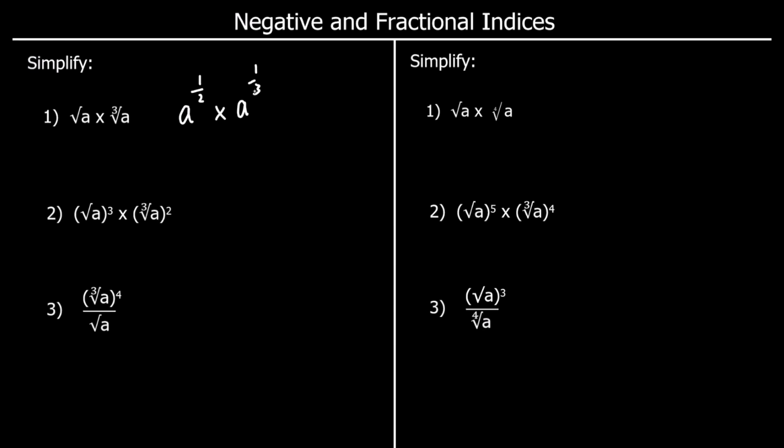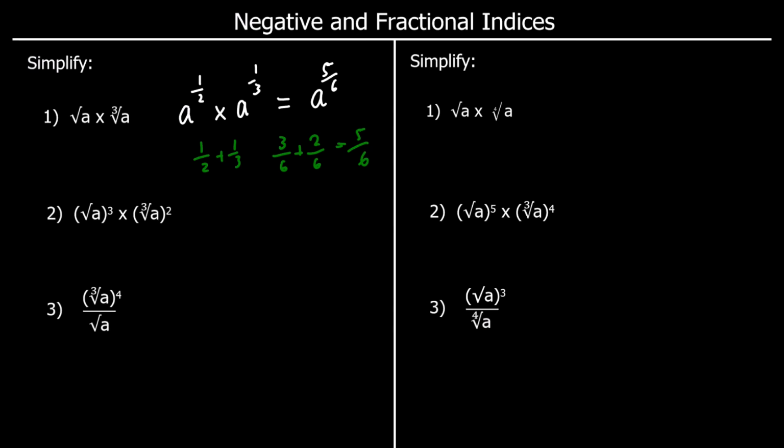When we multiply indices, we add the powers. So what's a half plus a third? If we're doing it without a calculator, we make the denominators the same. So 3/6 plus 2/6, 5/6.